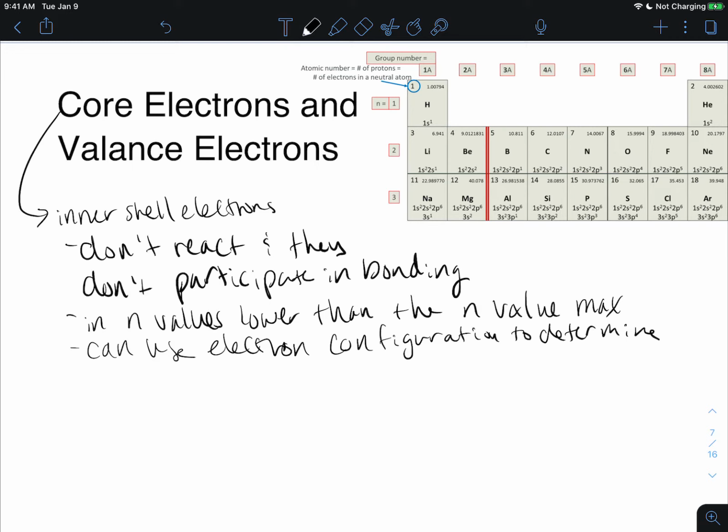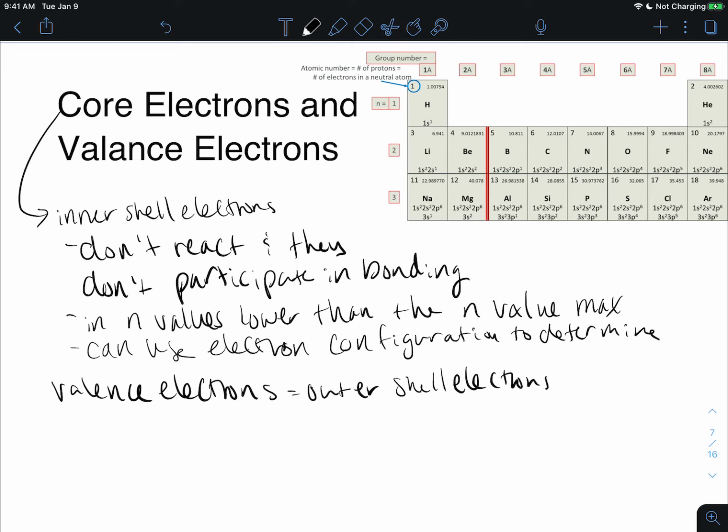Okay. Then we have our valence electrons, or outer shell electrons. And these are the ones that are going to be participating in bonding. They're participating in bonding, they're participating in reactions, so they're doing a lot more.